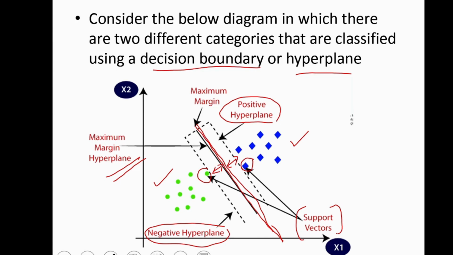These 2 points define exactly where you can divide between the cat and the dog class. So you can take the distance between these 2 support vectors and divide the plane exactly in the middle. Even if some points come over here, it is okay. That is why these 2 are called support vectors.